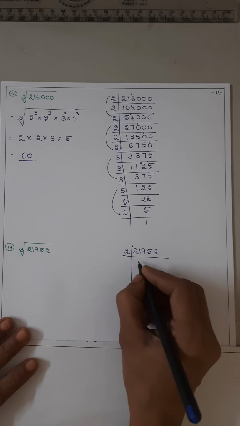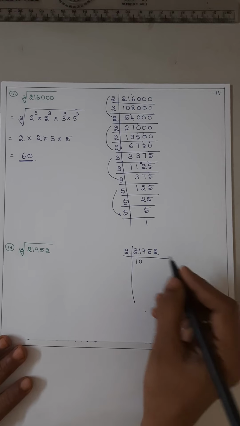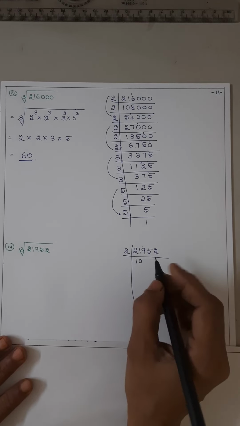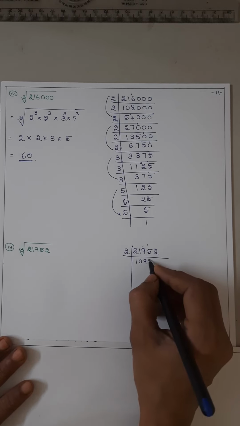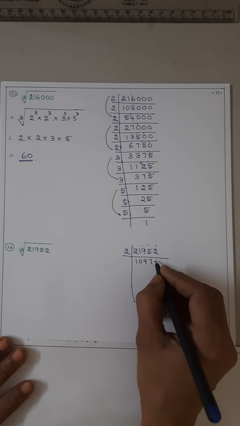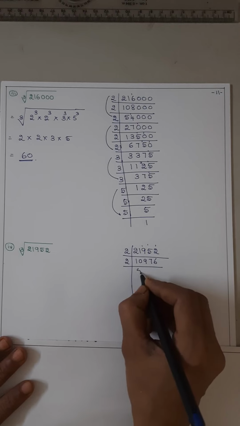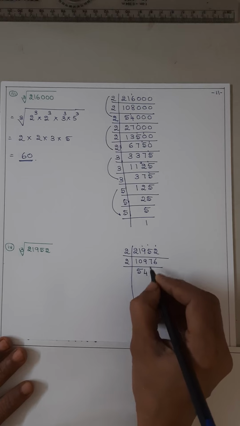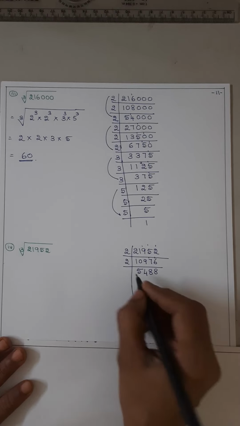Start with 2, 2 1s are 2, zero, now 1, take it to the next digit, 2 9s are 18, 1 remains, 2 7s are 14, 1 remains, 2 6s are 12, 2 5s are 10, 2 4s are 8, 1 remains, 2 8s are 16, 1 remains, 2 8s are 16.